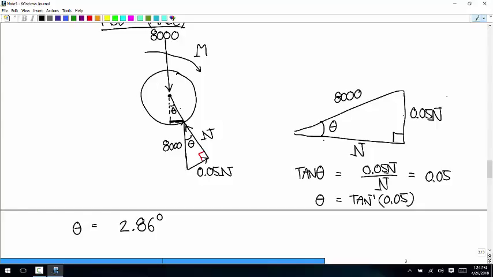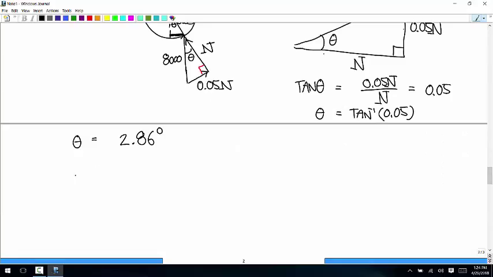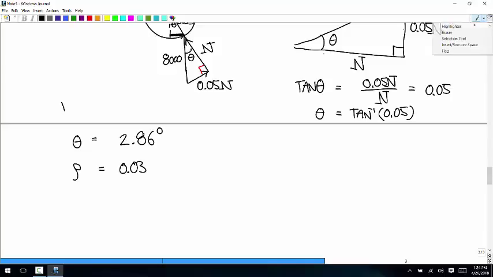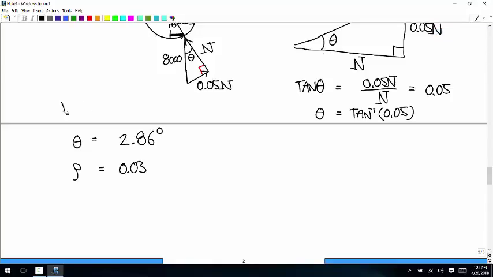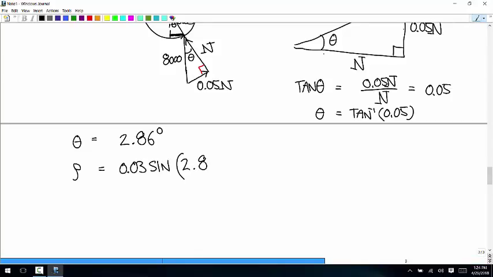The radius of the axle is this, and that's 0.03. So the rho vector that we want is 0.03 times the sine of 2.86. And what do you get for that?